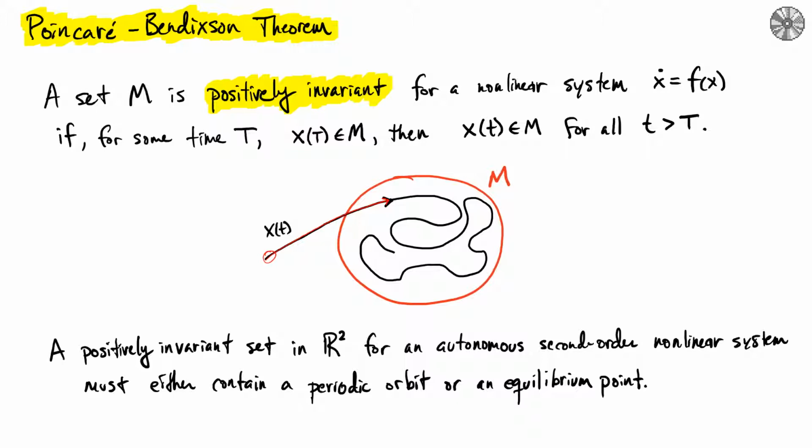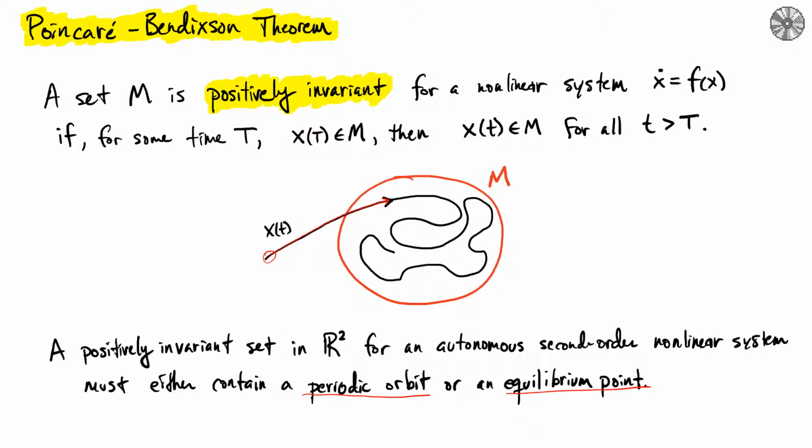And so the result is that if you have a positively invariant set of a nonlinear system, there must be an equilibrium inside that. For example, a stable equilibrium that's attracting all those trajectories, a sink of some sort, or it could be a stable periodic orbit that's trapping those.